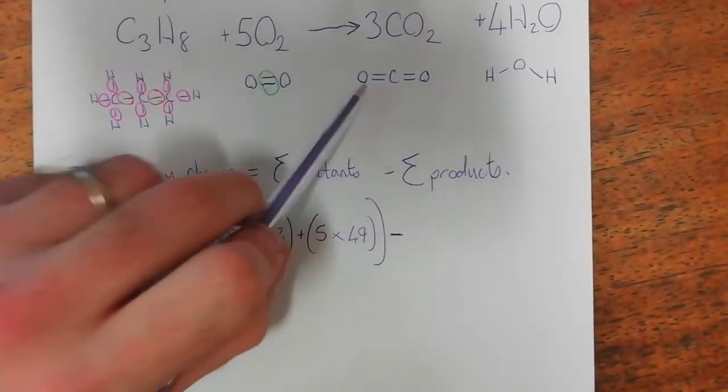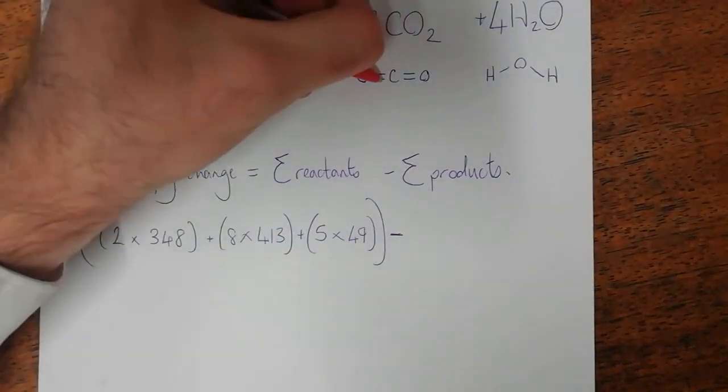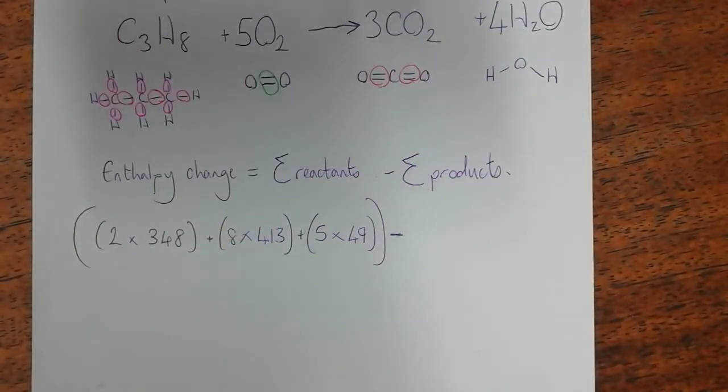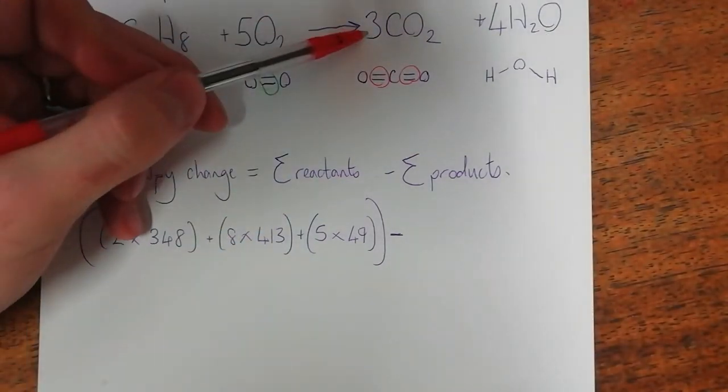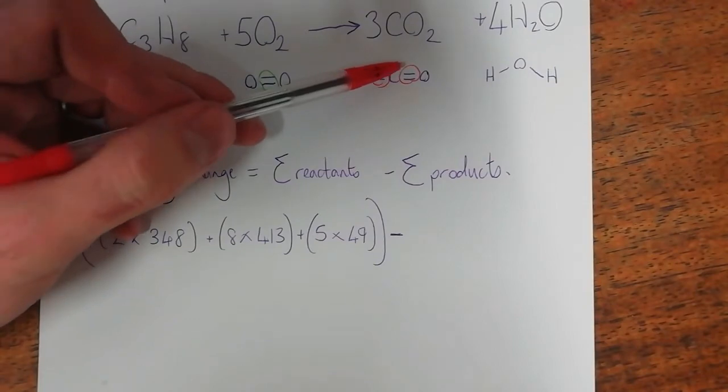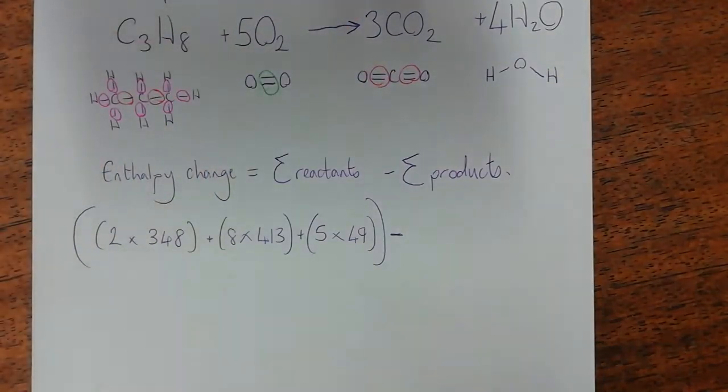In order to get my products, here I've got 2 carbon-oxygen double bonds, but remember I've got 3 of these molecules, so I've got 2 times 3, so I've got 6 carbon-oxygen double bonds.